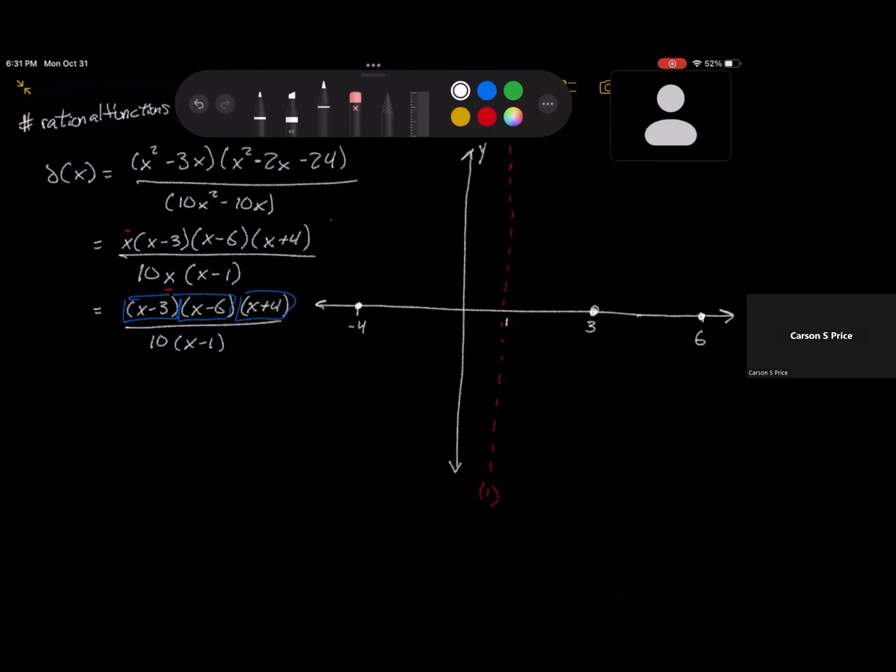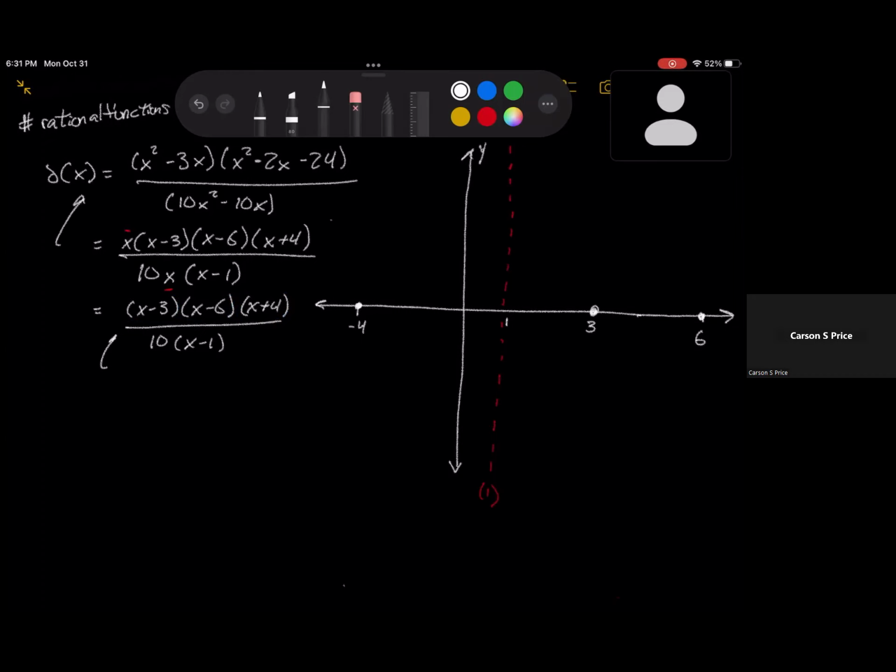Okay, now let's talk about end behavior. So is this function going to experience polynomial-like behavior, a horizontal asymptote, or what? So I can look in my simplified version here after I've removed any removable discontinuities, or I can go back up to the original function and they'll both give me the same answer.